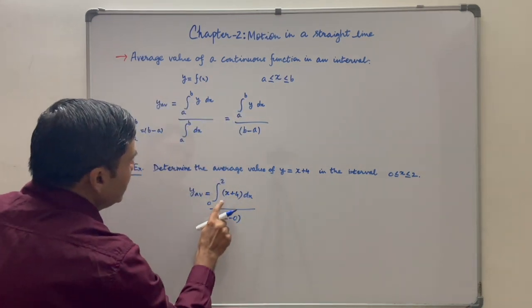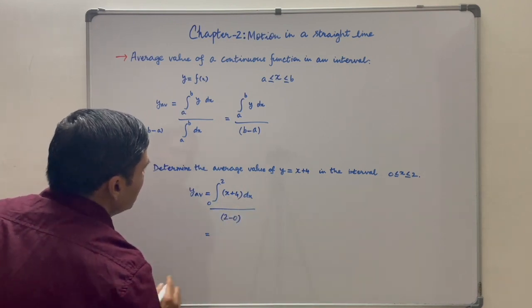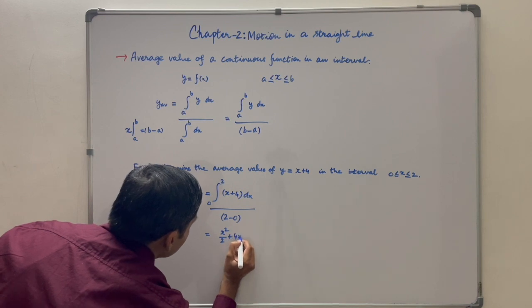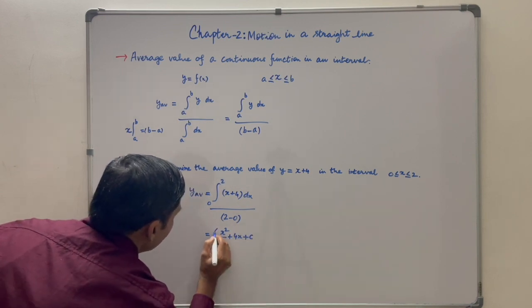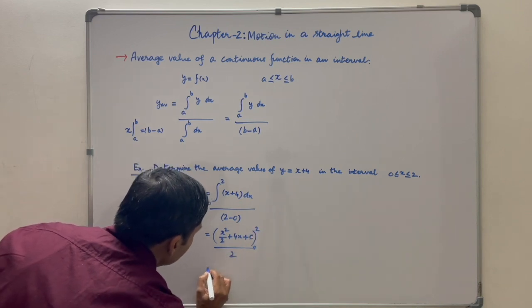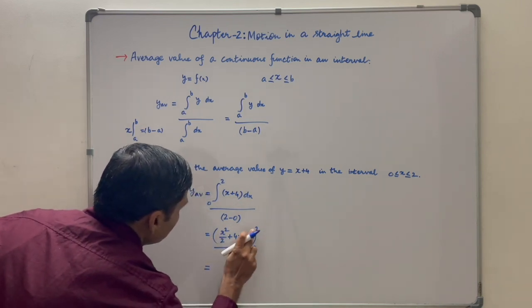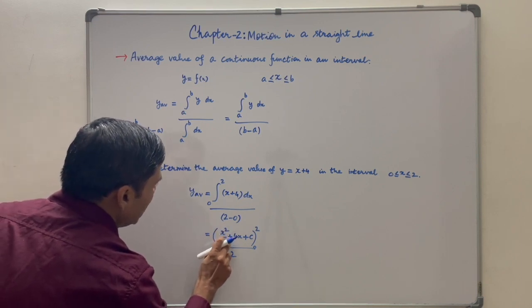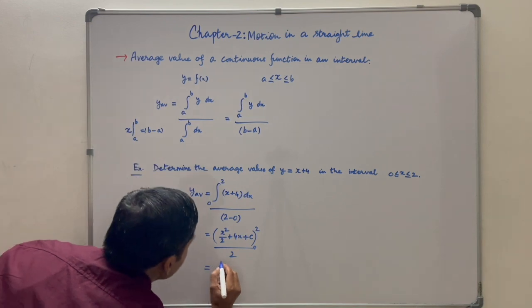So the integration of x plus 4 dx will be x square by 2 plus 4x plus c. Now put the limits 0 to 2. So when you put x equal to 2, it will be 2 square upon 2, which means 2, plus 4 into 2, which means 8.